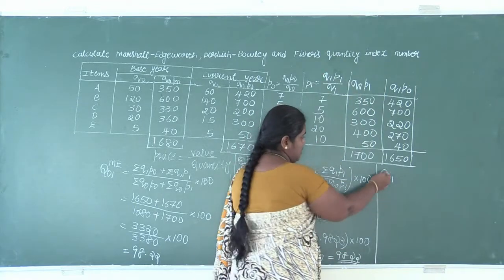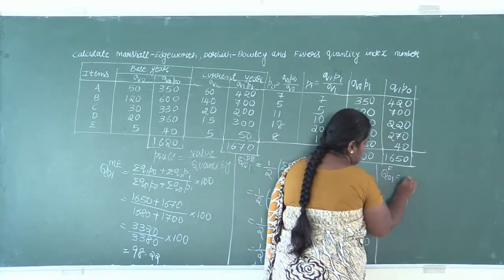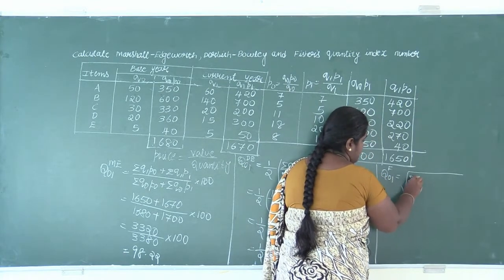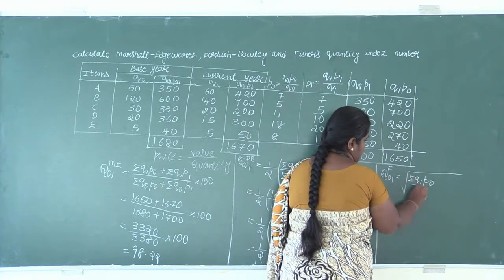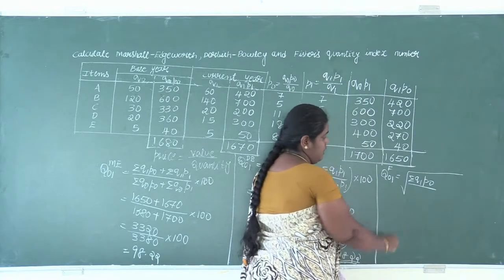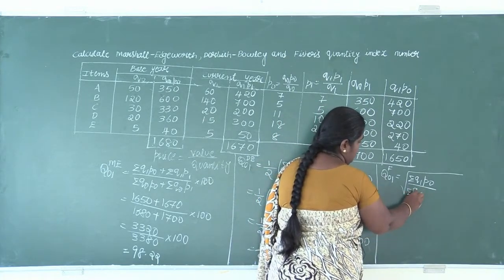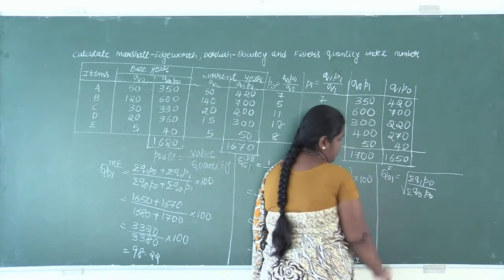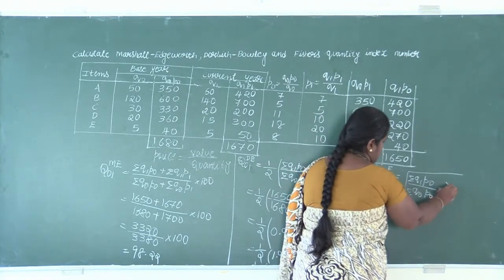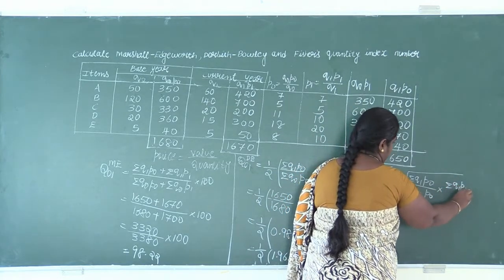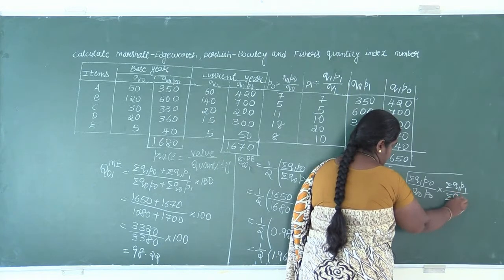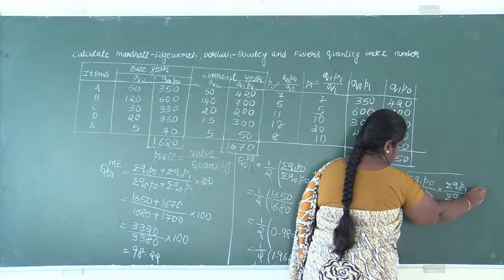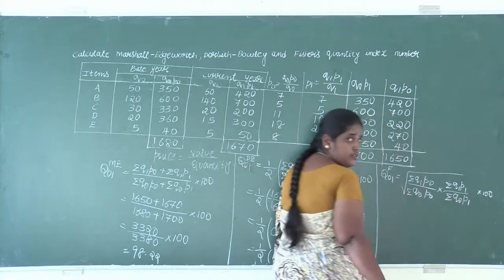So Fisher's quantity index number is square root of sigma Q1 P0 divided by sigma Q0 P0 into sigma Q1 P1 divided by sigma Q0 P1, into 100.